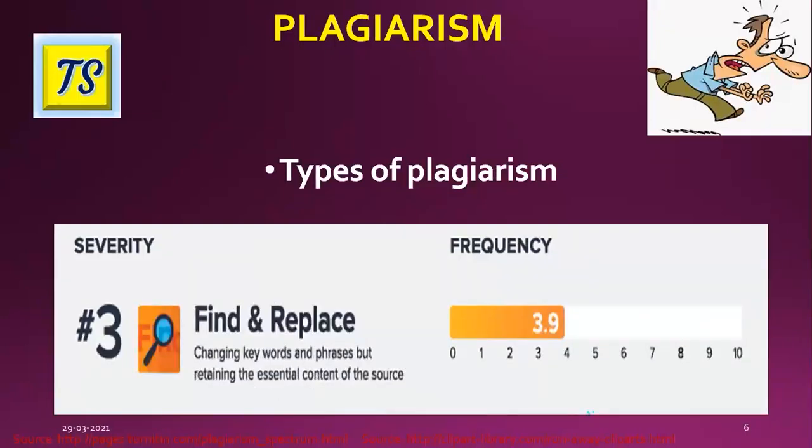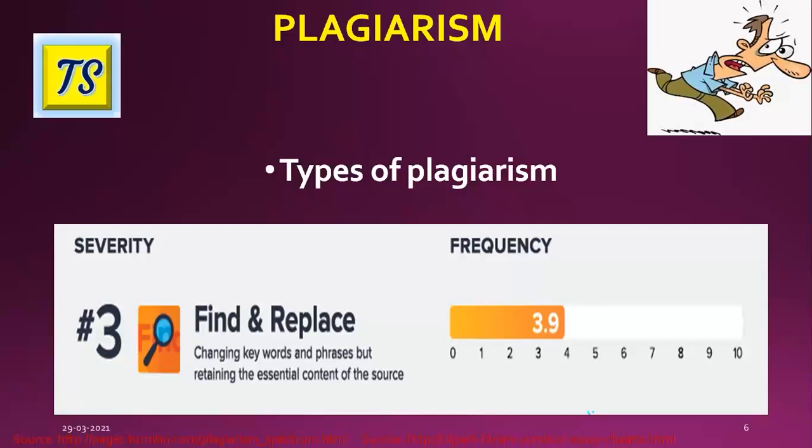The third type of plagiarism is referred to as find and replace. In a document editor application, like MS Word or OpenOffice, whatever application you are familiar with, you know what the use of find and replace is. Changing the keywords and phrases, but retaining the essential content of the source.